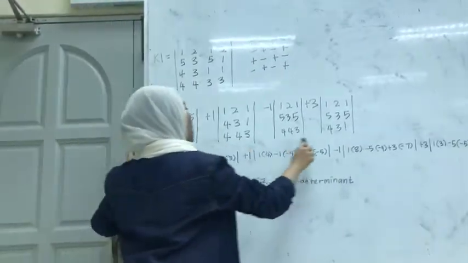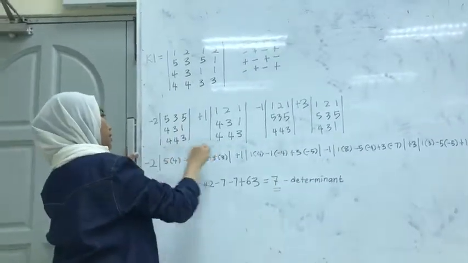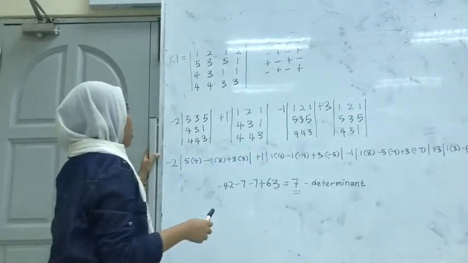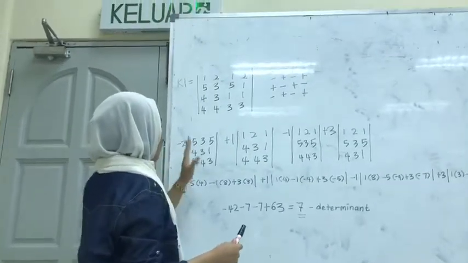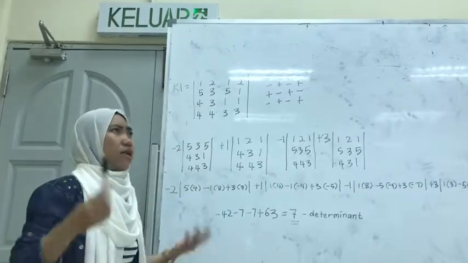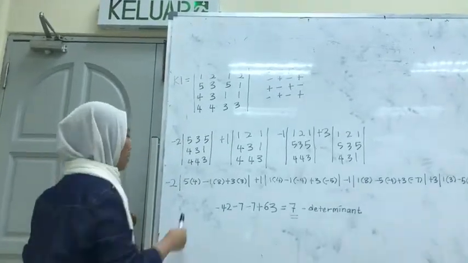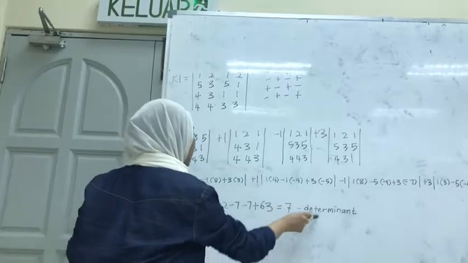After we get this, we need to choose any row or column again to finally find the determinant.